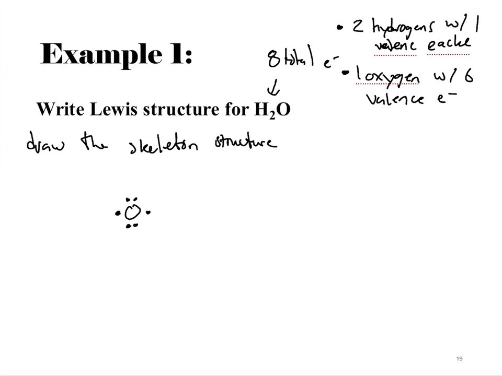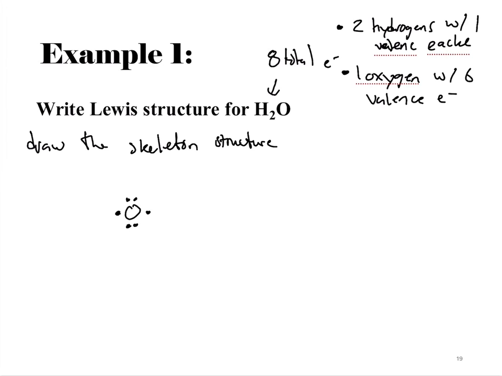So the same way we fill up sublevels with Hund's rule, each one in each orbital. Generally, you can go around in a circle and put 4 dots at each side of the element and then go back and pair them. I draw it this way just because I know it'll be easier to make the Lewis structure, but you don't have to.